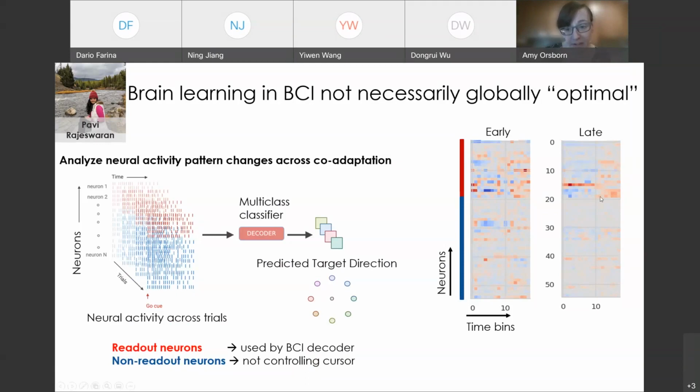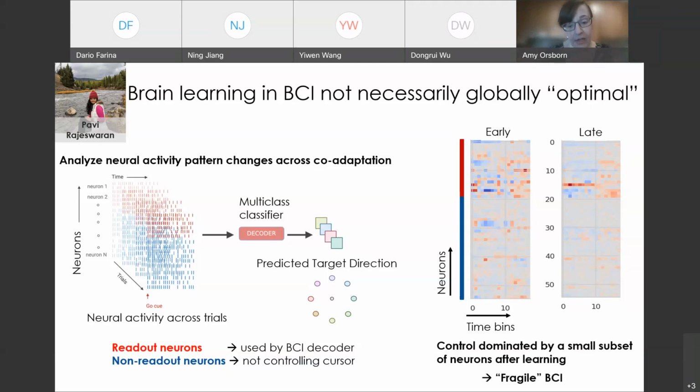But if we look at the readout neurons, we see that the brain actually seems to learn an incredibly sparse representation, where just a small number of neurons are contributing to the movement. It is really interesting to understand why the brain might be doing this. It might be all the brain needs for these very simple cursor control tasks.